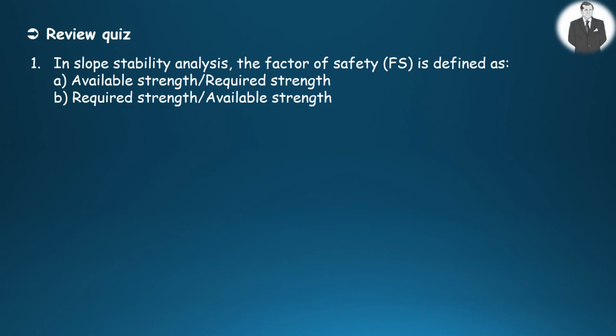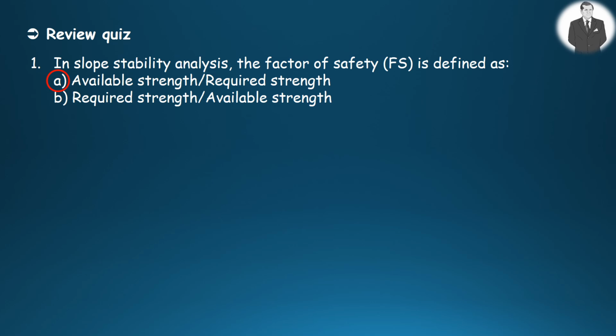Let me quiz you about what we have learned so far. The first question: in slope stability analysis, the factor of safety is defined as which option? Yes, it is A. Available strength divided by required strength.